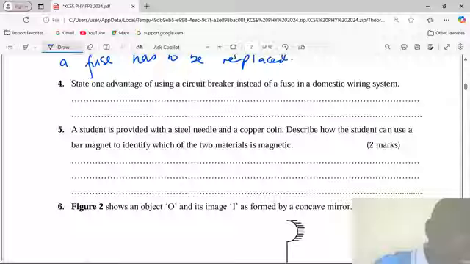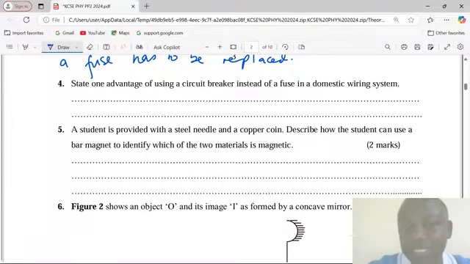A circuit breaker breaks the circuit instantly, immediately there are excess currents.